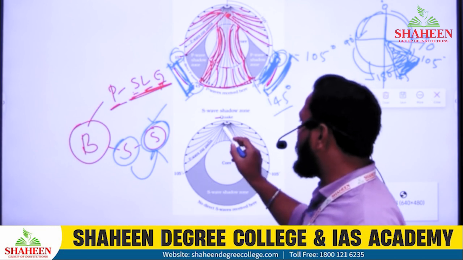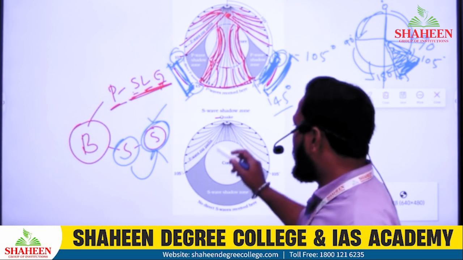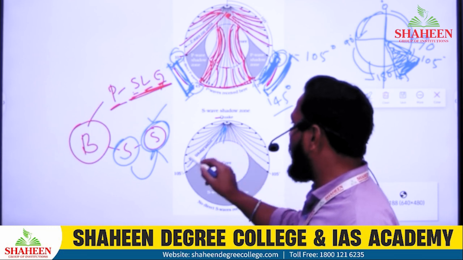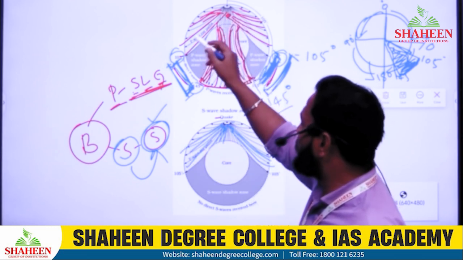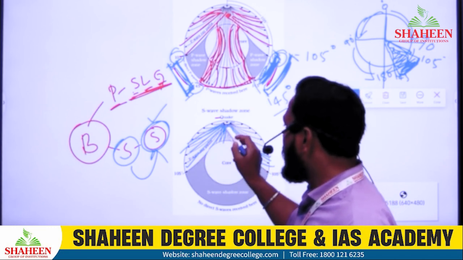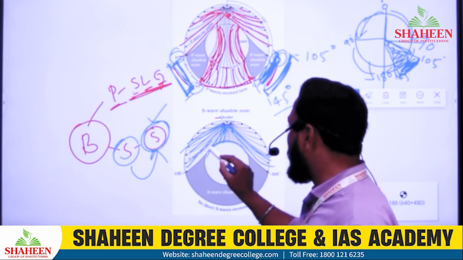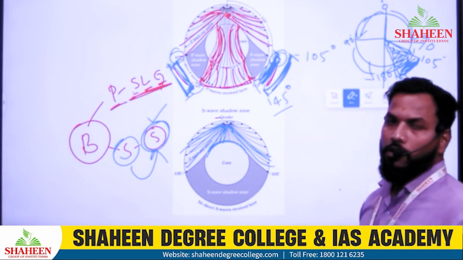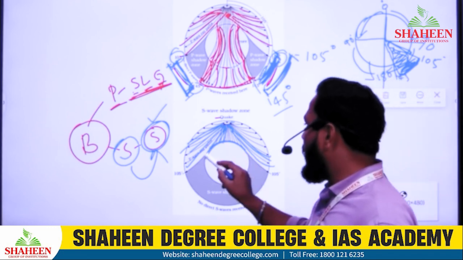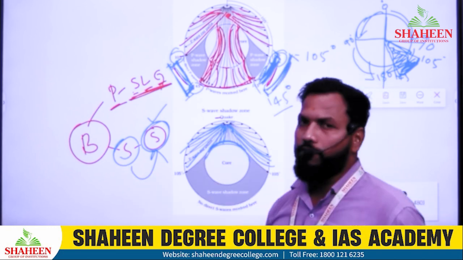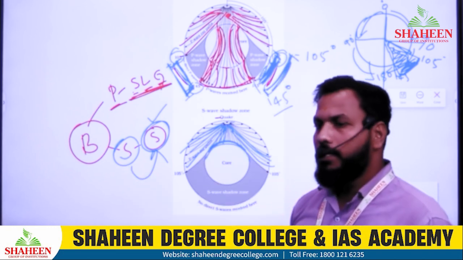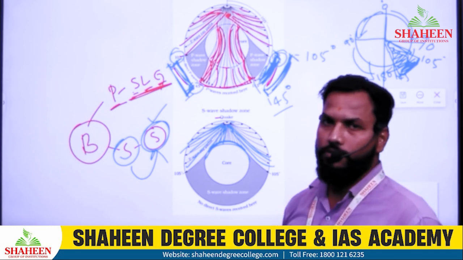When the earthquake is taking place somewhere here, the waves start traveling everywhere, as the P wave does. But when it comes in contact with this liquid, it doesn't travel at all, because its character is such that it doesn't travel in liquid and gas.